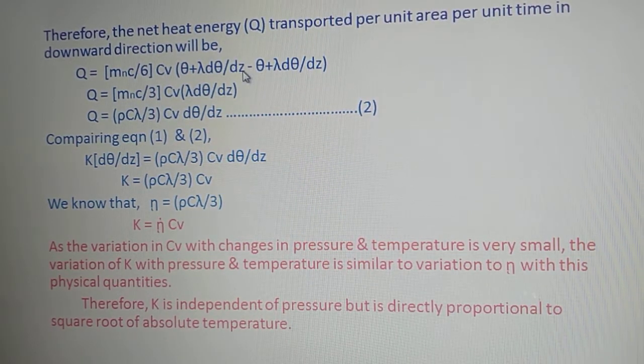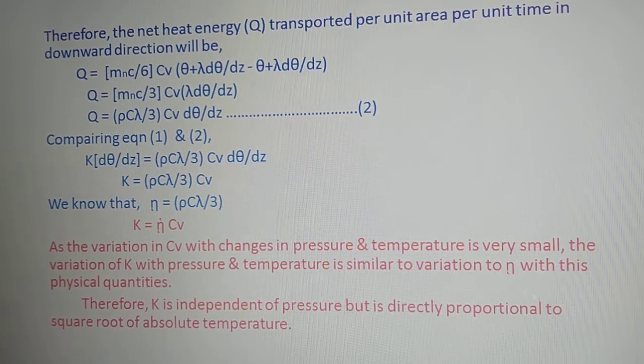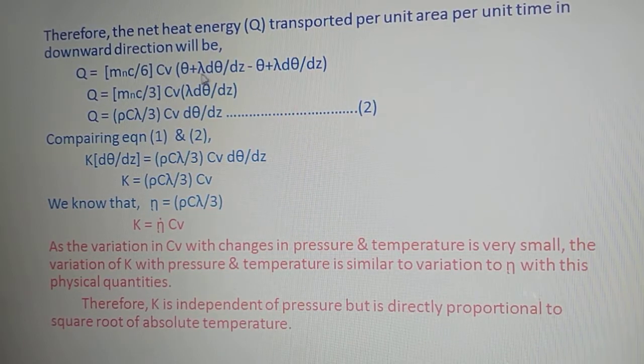We have just taken the subtraction of the heat transported by the two layers. If you simplify this, we get Q equals m n c by 3 into Cv into lambda d theta by dz. You can easily understand this: theta gets cancelled, the lambda term appears 2 times, and because of this the factor becomes 1/3, and we get the rest of the quantities as they are.